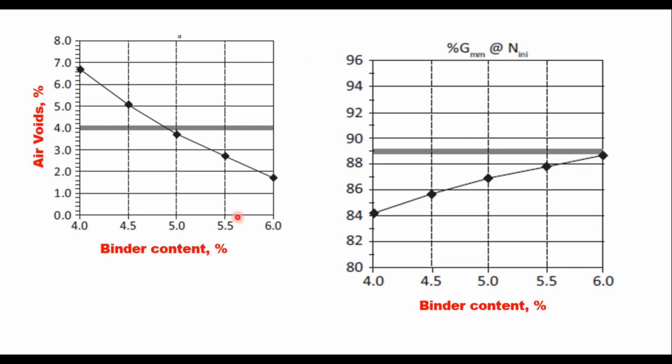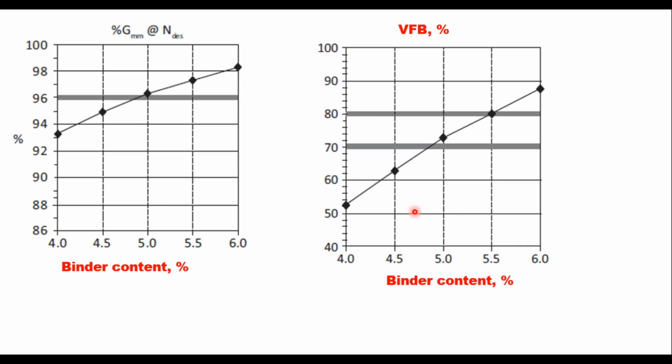Then finally, the results are plotted in the form of air voids versus bitumen content, percent GMM at N initial versus binder content, percentage of GMM at N design versus binder content, VFB versus binder content, VMA versus binder content, and bitumen filler ratio versus binder content.